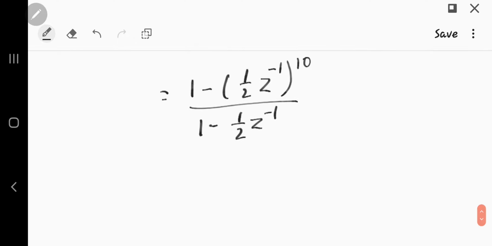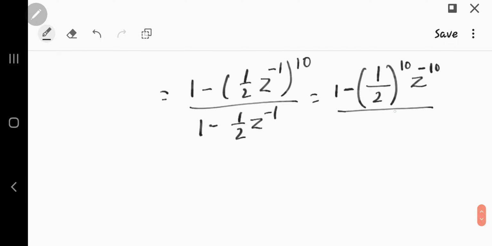Now if you simplify this, so you will get 1 minus 1 by 2 to the power of 10 z to the power of minus 10 divided by, here if you take this, z minus 1 by 2 divided by z.